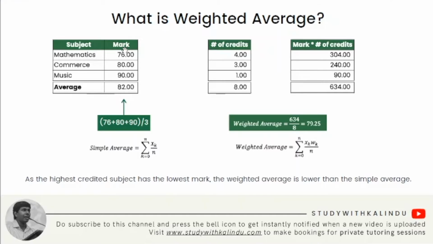So what you need to understand is, unlike in simple average, the weighted average will drag the average closer to the observation of the highest weighted unit or the highest weighted outcome in your study.